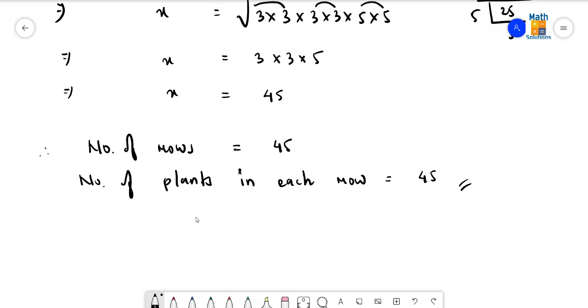Then, question number 9 and question number 10 are exactly of the same kind. So, here goes question number 9. In question number 9, what is given?